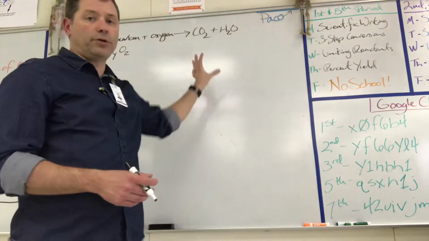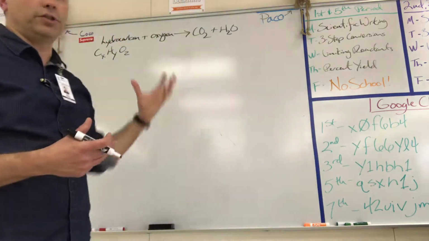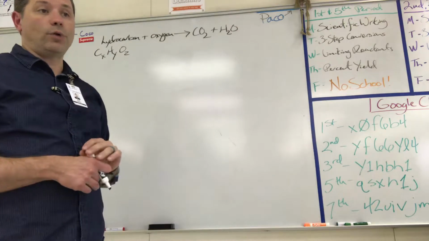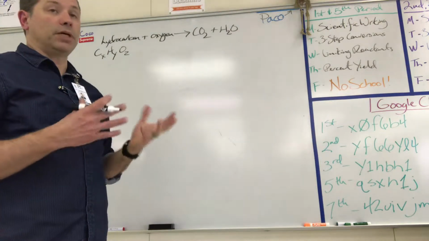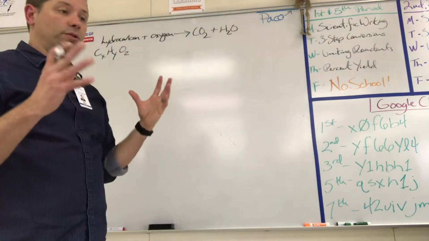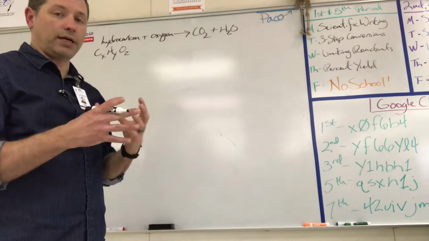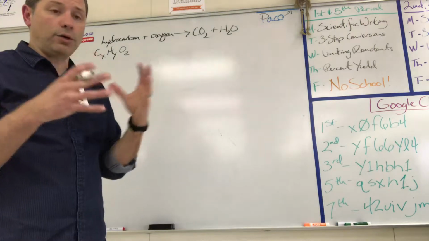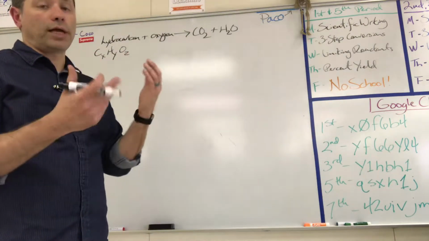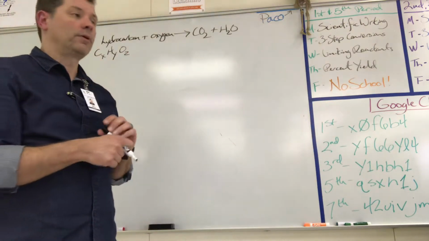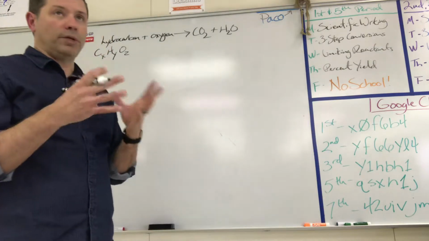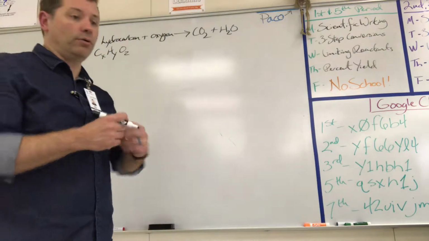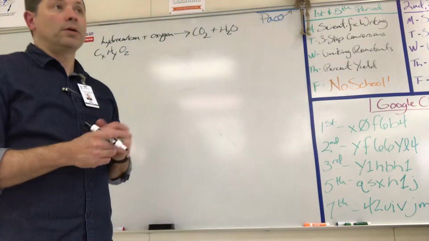Because we can't accurately account for how much oxygen is there when you react. Unless you had a closed, sealed environment, you wouldn't be able to determine that. And if you had a closed, sealed environment, more than likely the combustion reaction wouldn't happen, because it would be basically a vacuum. So combustion can't happen in a vacuum.